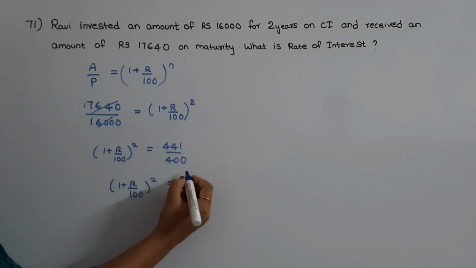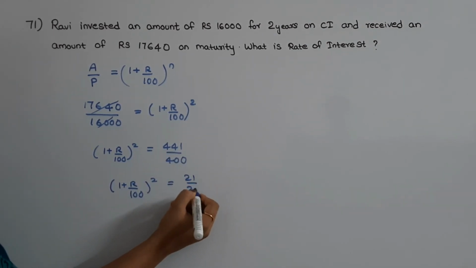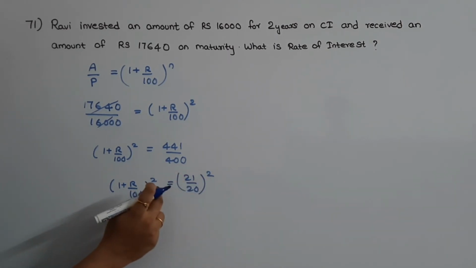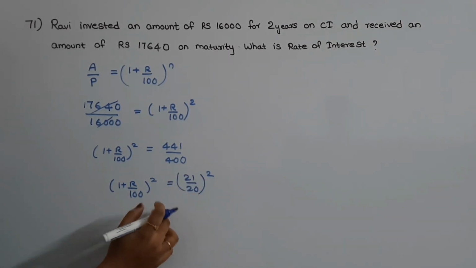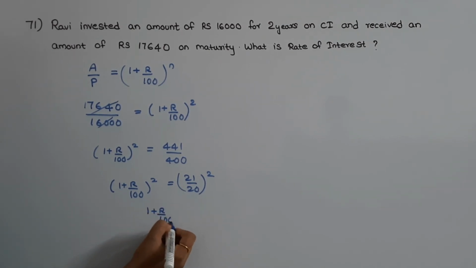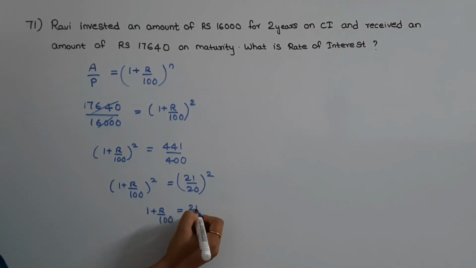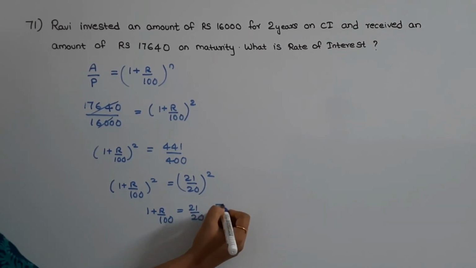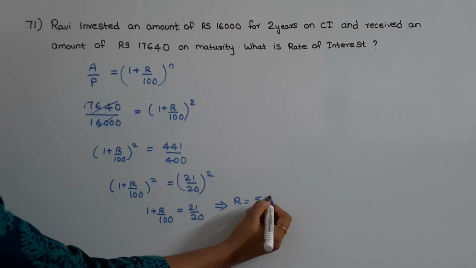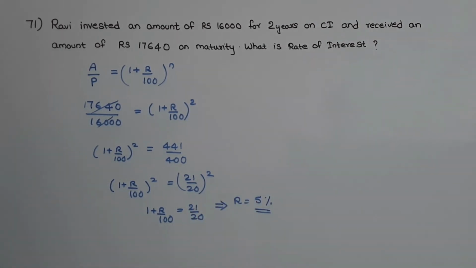So this we can write as 21 by 20 whole square. Now since the powers are same, we can equate the bases. So this can be written as 1 plus r by 100 is equal to 21 by 20. On solving this, we will get the rate of interest as 5%. So this is the answer.